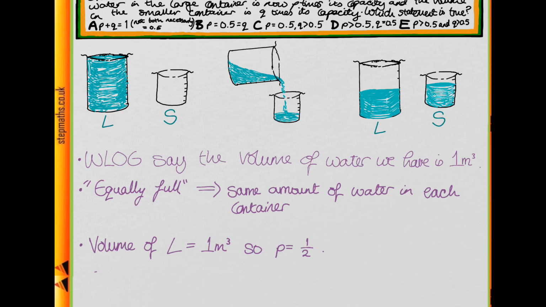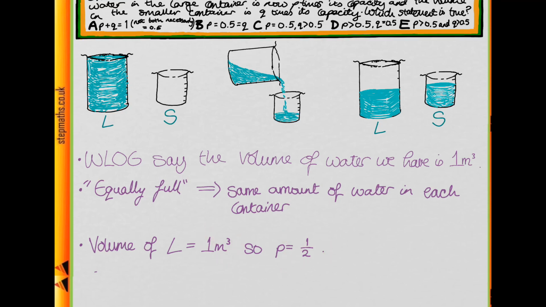So we know that the volume of L is 1 metre cubed because it's just the same as the amount of water because it's totally full at the start. And so we know that P must be a half. We know this because the volume of water is just half what it originally was, and P times 1 will give us a half. So the volume of water is a half times what it was originally.